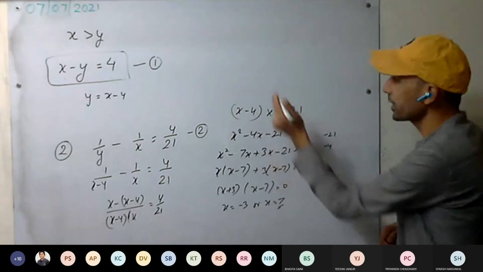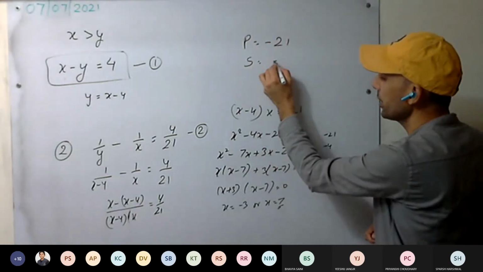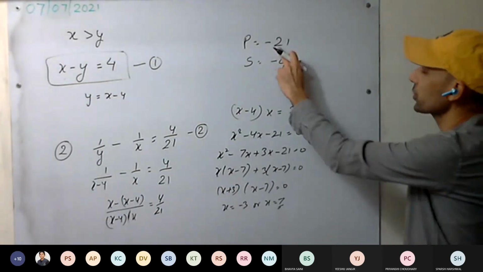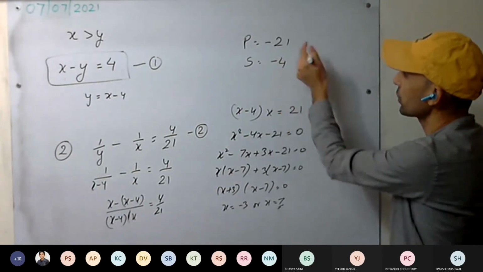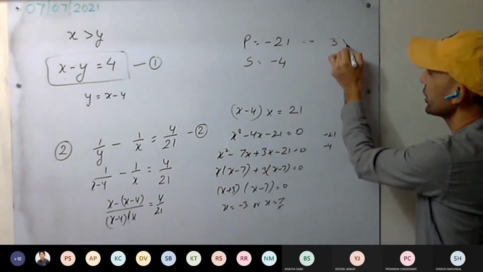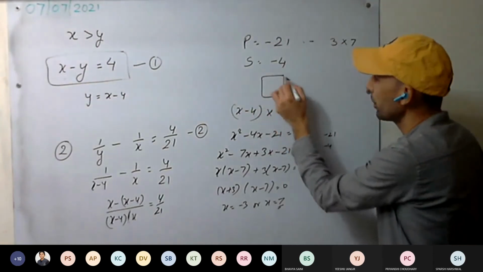Okay, so you can see here what should be the product? Minus 21, and the sum has to be minus 4. You have to find two such numbers whose product is minus 21 and sum is minus 4. So factorize this 21, keep the minus as such: 3 into 7. Now two numbers are there.